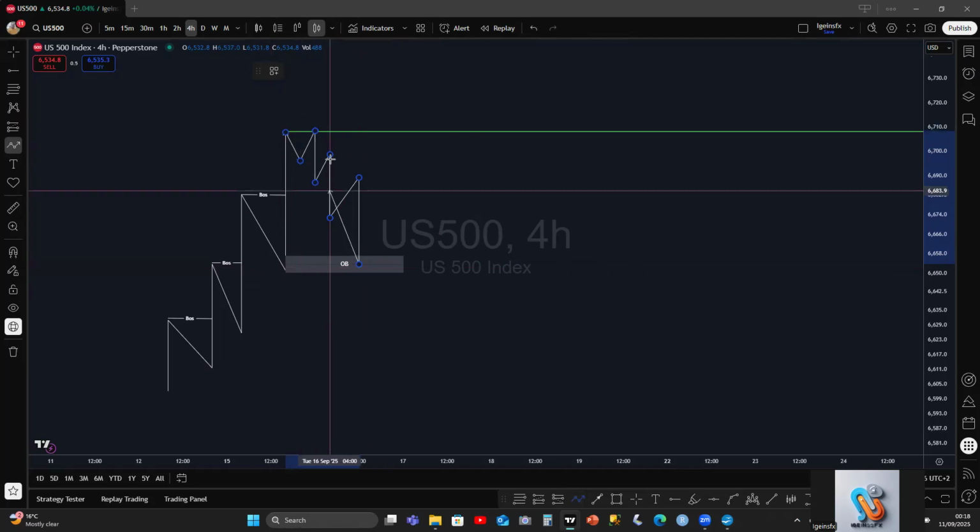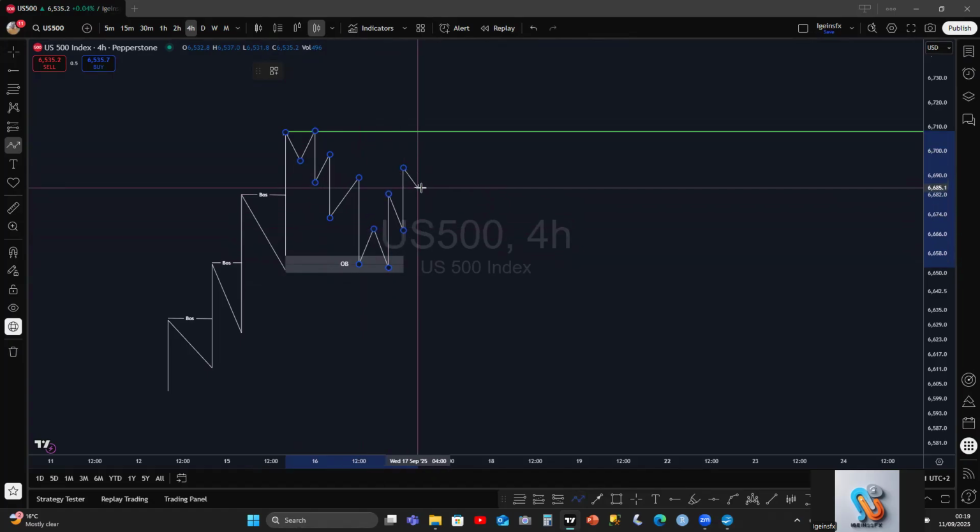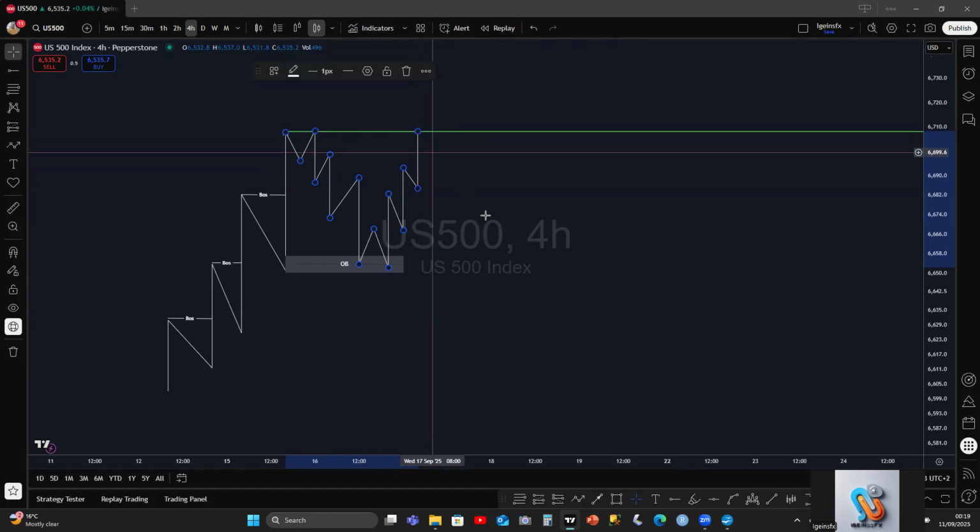Once it gets here, that means it has come to interact with the origin that caused the break of structure to the upside. And anytime price returns to the origin, there will be a push, creating resistance, a push to the downside, creating equal lows, then a push to the upside, breaking that neck. This will now give us a market shift, then price pulls back to it, breaking structure to the upside, pullback, breaking structure to the upside.